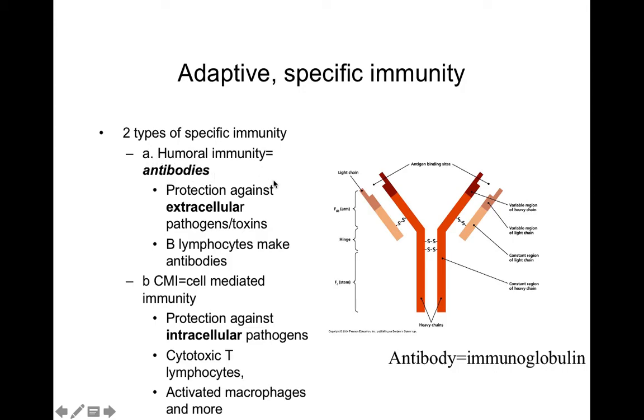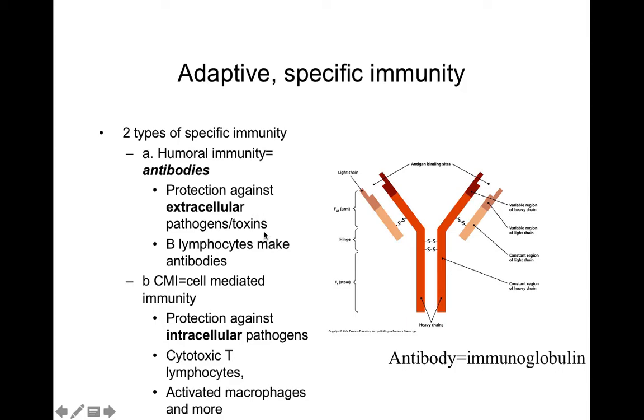In general, folks, humoral immunity, provided by antibodies or immunoglobulins, will protect us against extracellular pathogens and toxins before they get inside our cells. Antibodies can't cross cell membranes, so usually once a toxin or a pathogen gets inside our cells, the antibodies can no longer help us.